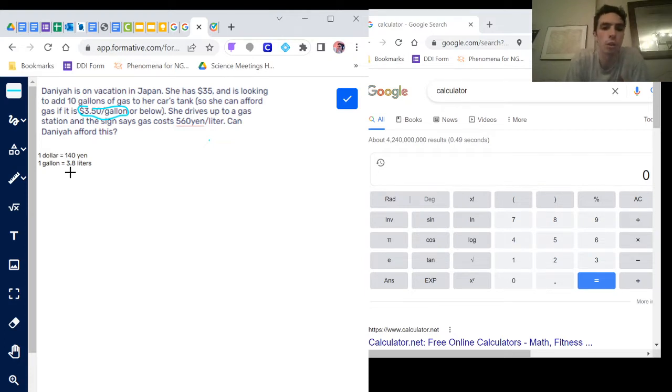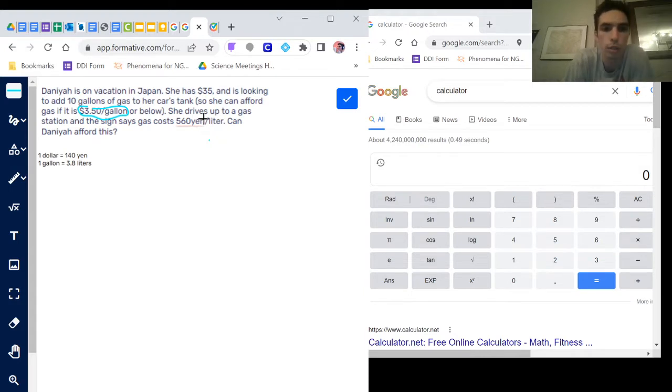And for this problem and many problems, there's not necessarily a right path to take to get there. We sort of have two choices. We can either convert the $3.50 per gallon that Denaya can afford into yen per liter, and compare those numbers, or we can convert this 560 yen per liter into dollars per gallon and see if Denaya can afford the cost of the gas at this station.